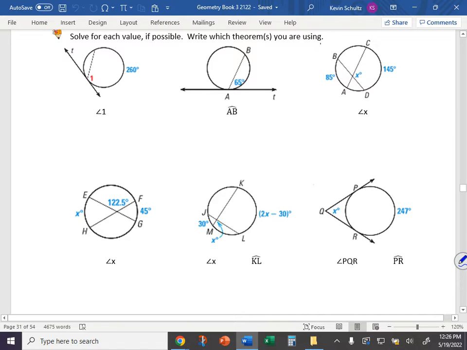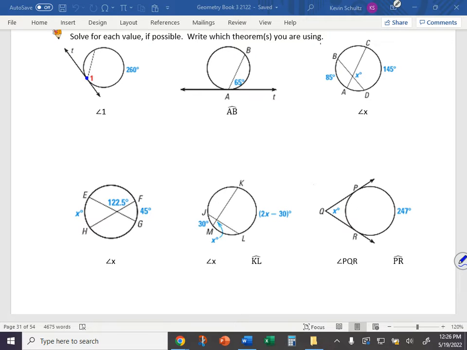Says solve for each value. If possible, write which theorems you are using. So as we talked about with inscribed angles and the chord theorems that we talked about earlier, take a look at what you have, right? In this first diagram here, where is your angle? Is your angle on the circle, inside the circle, or outside the circle? Our angle, its vertex, is on the circle, which is the first theorem that we talked about.